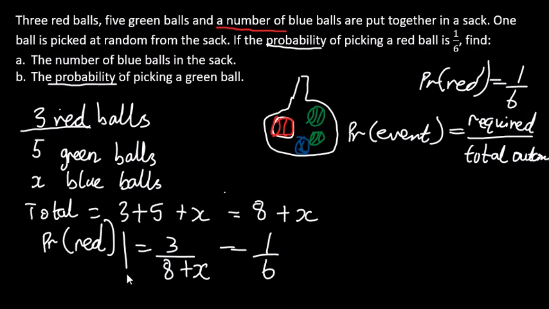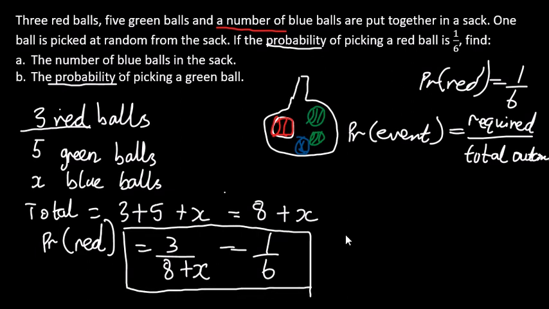So now this is what we have. With our knowledge of simple algebra, what can we do with this? These are two proportions, one on the left hand side and the other on the right hand side. For fractions like this, we can easily cross multiply.